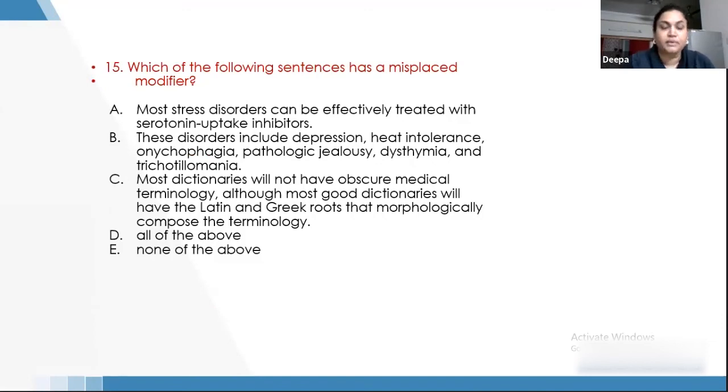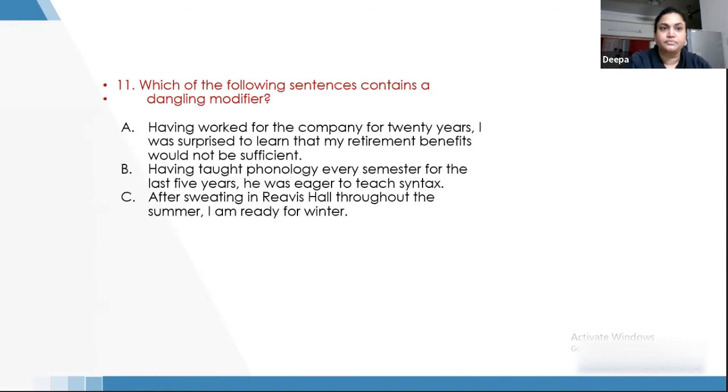Before going to the 16th one, I would like to tell you that in all this, we have understood what are basically dangling modifiers. Just have a quick recap of what we have done before.